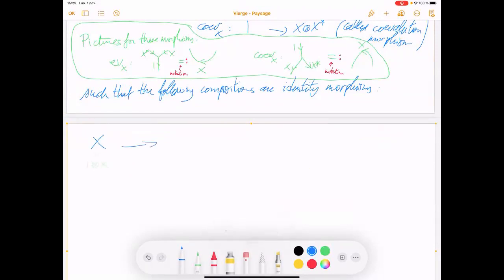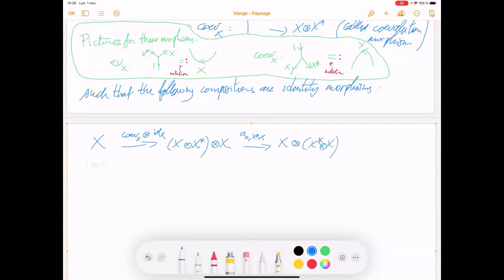So you can apply co-evaluation to 1 and identity to X, and you get X tensor X star tensor X. And then you apply the associativity constraint. So you just move the parenthesis.